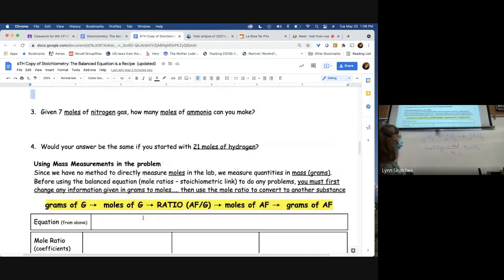Okay, let's try one more. What if I had 21 moles of hydrogen? How much ammonia could I make? Ammonia to hydrogen from the balanced equation, 2 to 3.